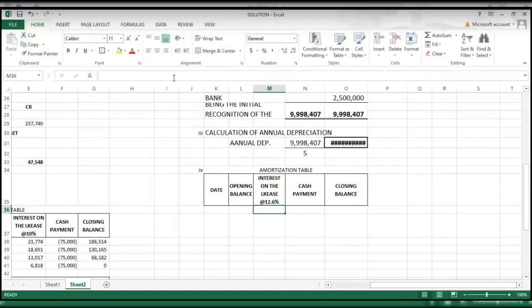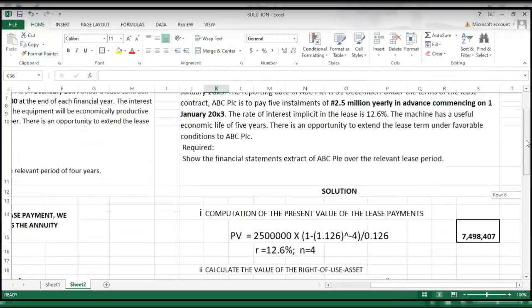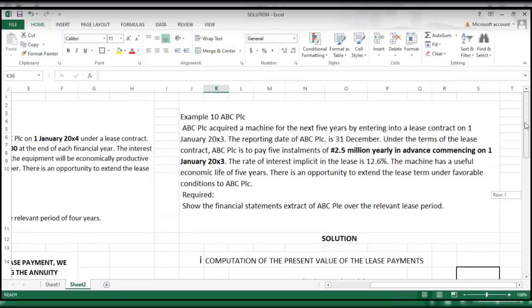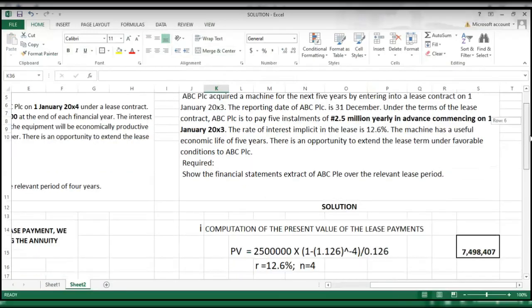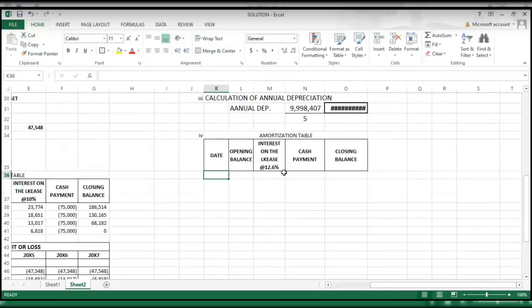12.6 is the percentage of the interest rate. So how many years are we working on? We are working from 20x3 to the end of the life, 5 years to death. So we'll do 20x3, 20x4, 20x5, 20x6, 20x7.